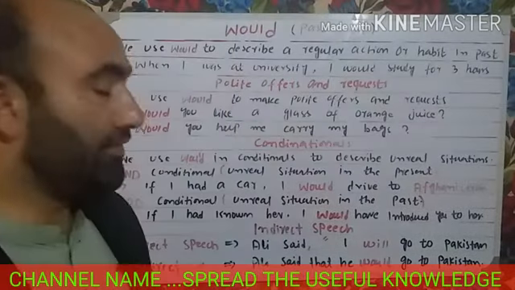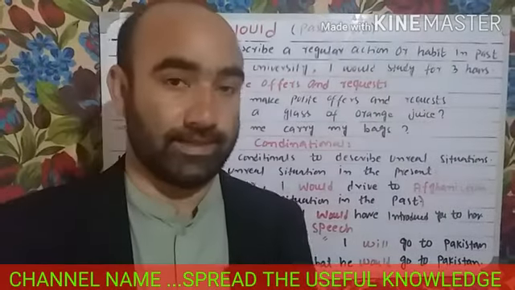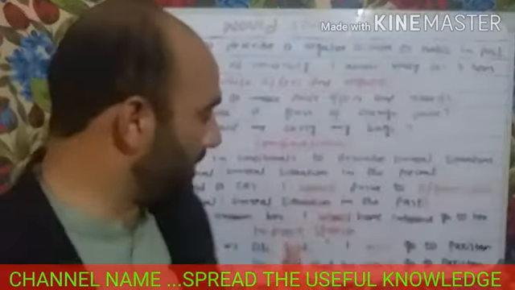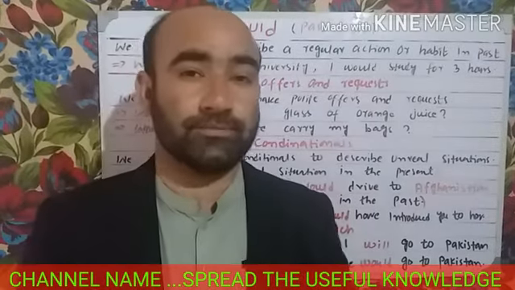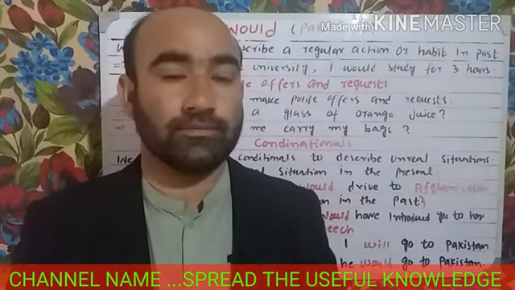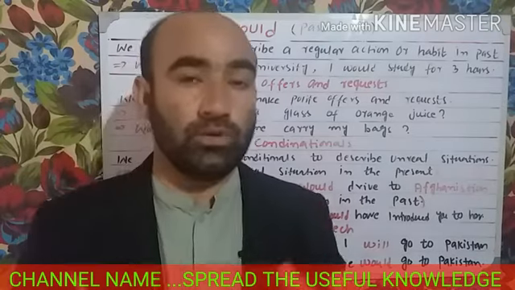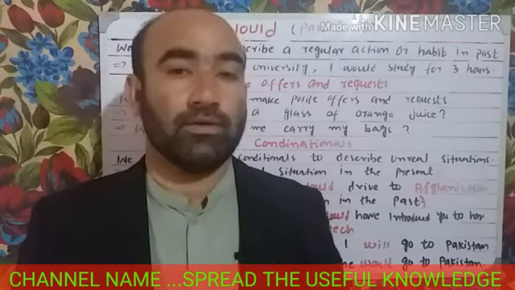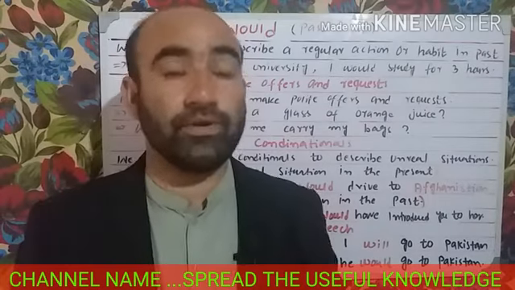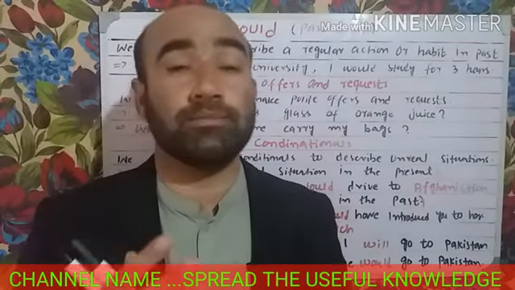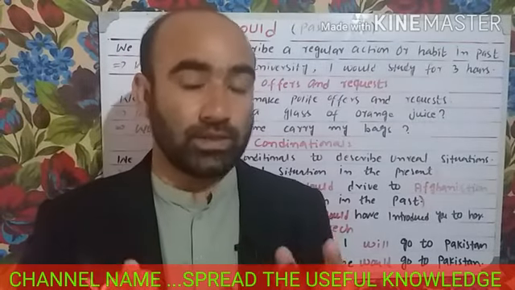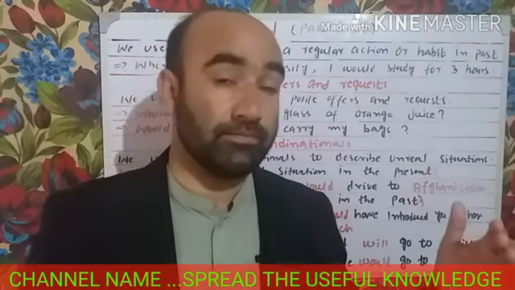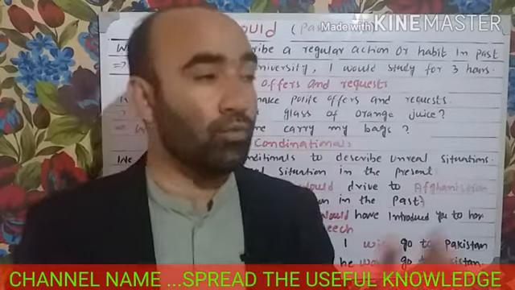And at the last, we use would in indirect speech. Sentences are direct speech and indirect speech. Direct speech is when we take the actual words from the speaker, when we do not change the actual words of the speaker when we convey them to someone else.